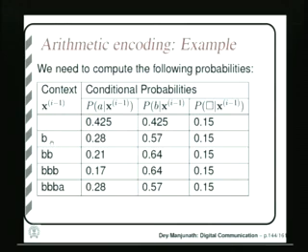Similarly, after you have received BB, you can compute the probabilities of the third symbol. What is the probability that the third symbol is A? What is the probability that it is B? Similarly, you compute the probability of end of file. So, you compute all these conditional probabilities. This column is basically the probability of A given you have received BB, and given BBB, the probability of A in the next symbol is this. So, similarly compute all of this.